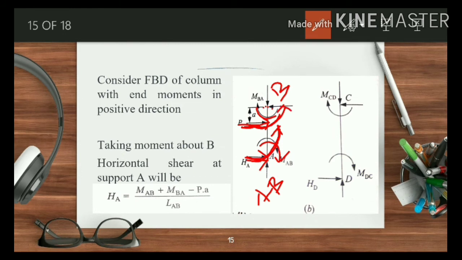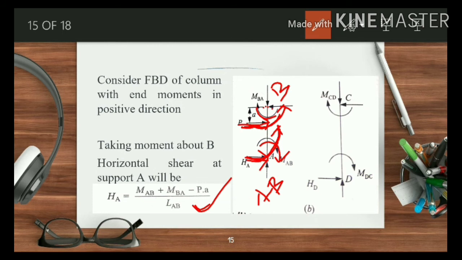So we get HA into LAB plus P into A is equal to MAB plus MBA. Therefore HA is equal to MAB plus MBA minus P into A, by LAB. So we get the horizontal shear at the support A when we consider the free body diagram of column AB.